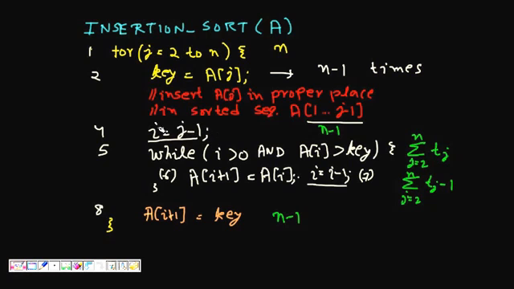So this line is now i is j minus 1. This is also, because it is inside the for loop, executed n minus 1 times. And then we again have a while loop here. In the jth iteration, when j is some value, let us say it is executed t_j times, and t_j is how many shifts take place.